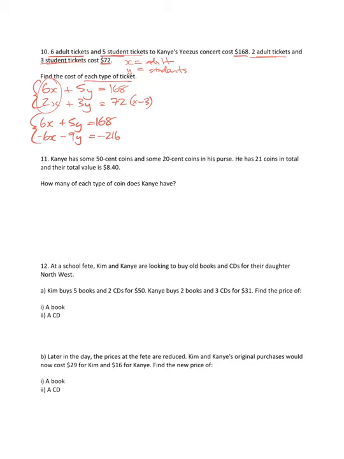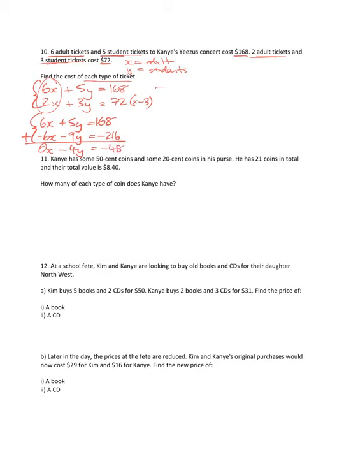Okay, we can add them vertically now. 6 plus negative 6 is 0 x's. 5 plus negative 9 is the same as 5 take 9, negative 4y's. 168 take 216 is negative 48.